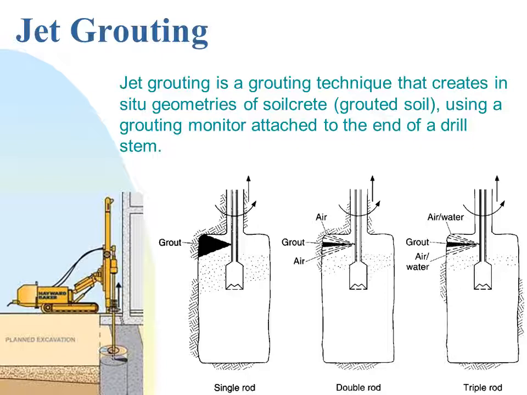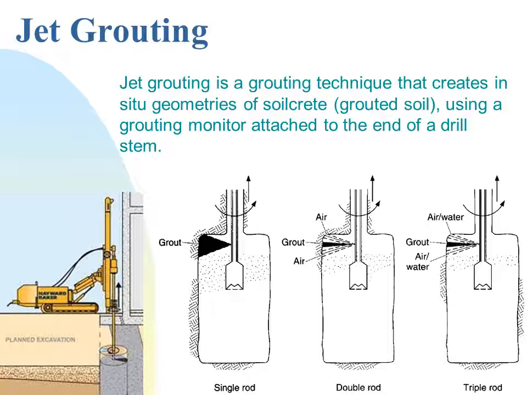Then the last option is grouting. By the way, you have different types of grouting. You could have cementitious grouts, you could have chemical grouts, you could have different mechanisms: single rod, double rod, triple rod, whatever. But the concept is the same: you are grouting the soil beneath the structure in order to increase its compressive strength, its stiffness, and its bearing capacity.